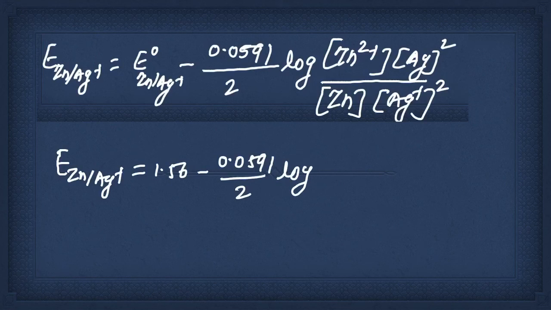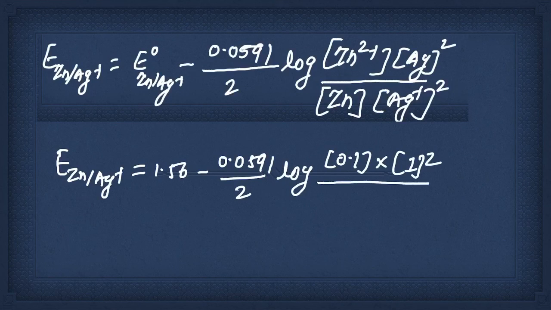So zinc concentration given is 0.1 molar, multiplied by the activity of the solid substance, 1, raised to power 2, divided by the activity of the zinc in the solid state, equal to 1, multiplied by the silver concentration given, 10 molar, raised to power 2. So after solving and after calculating log, we got the final value.